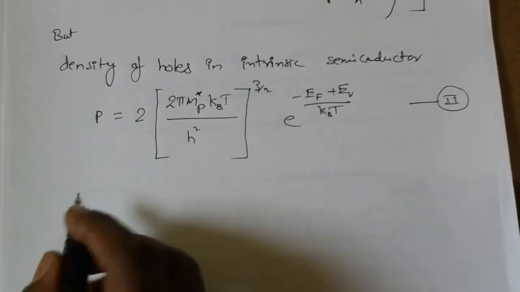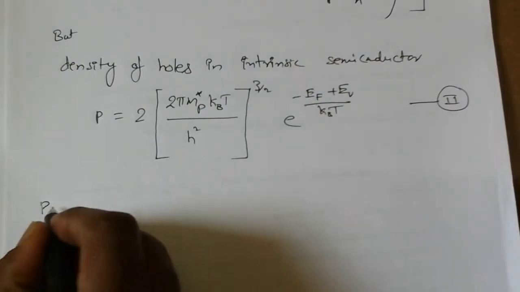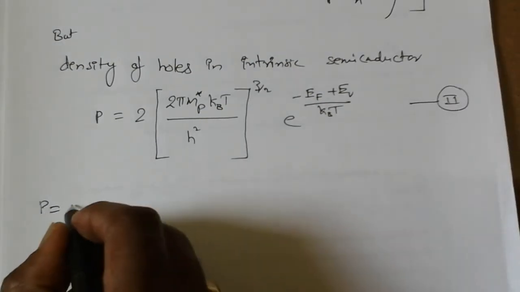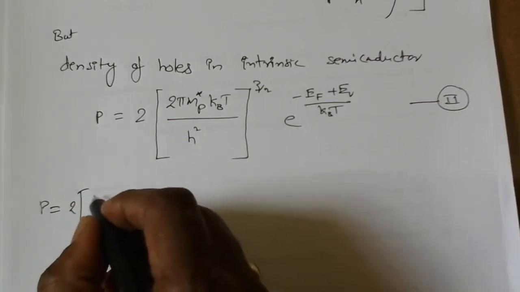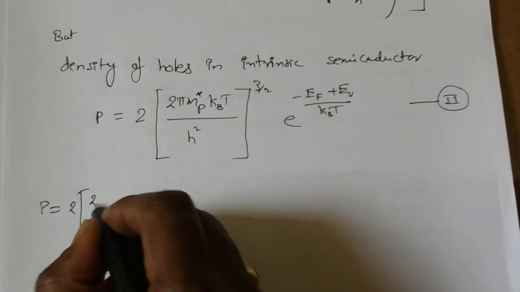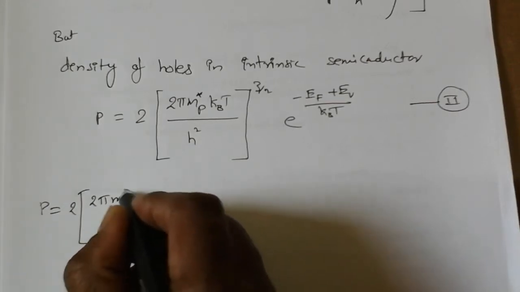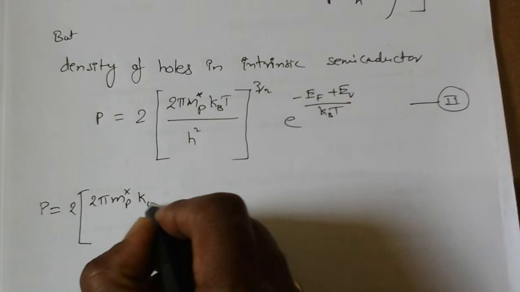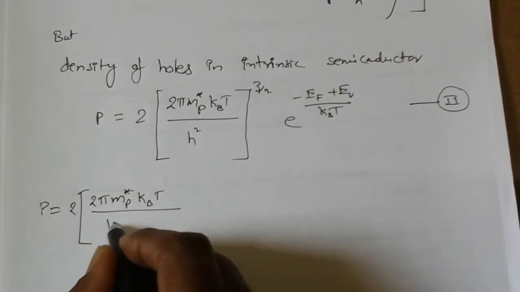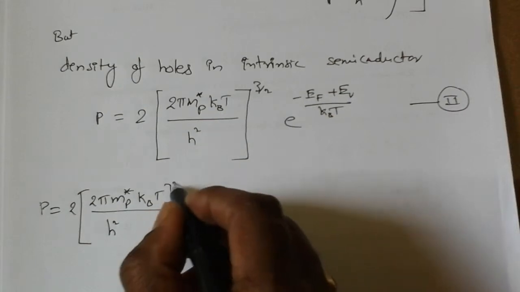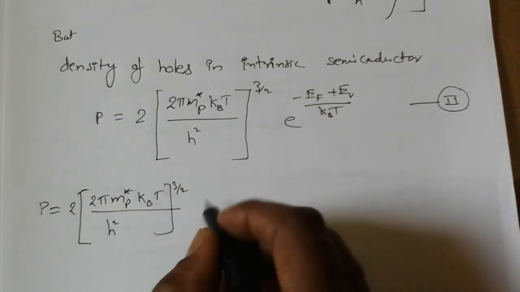Now we are writing P is equal to 2 into (2 pi mp star kBT by h square) whole power 3 by 2.